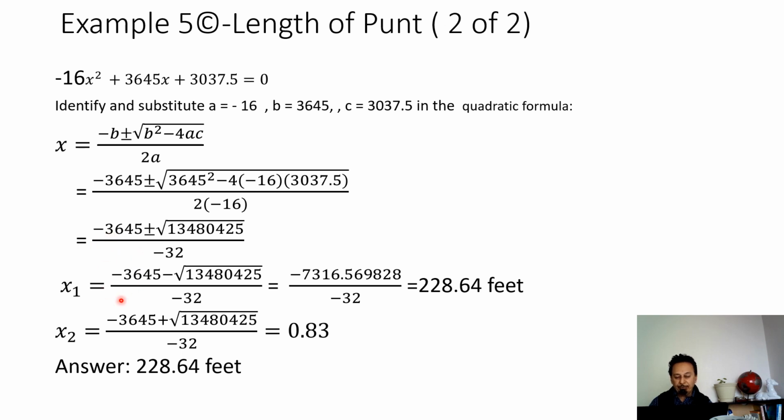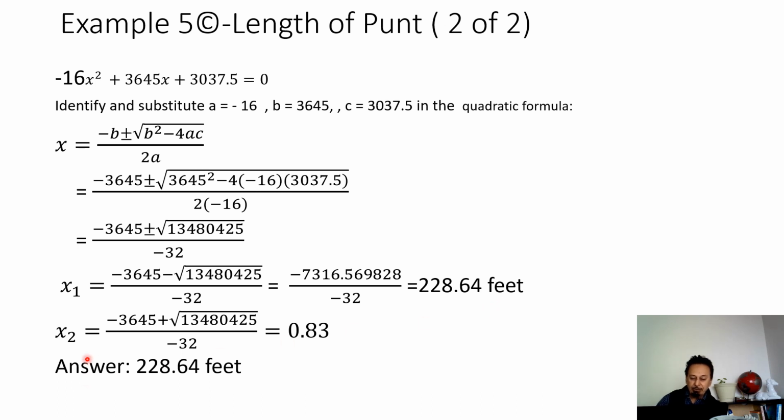Now we have two values. One is minus 3645 minus the square root of 134,804.25, over negative 32. Simplifying this using a calculator gives minus 7316.569828 divided by minus 32, which will be 228.64 feet.